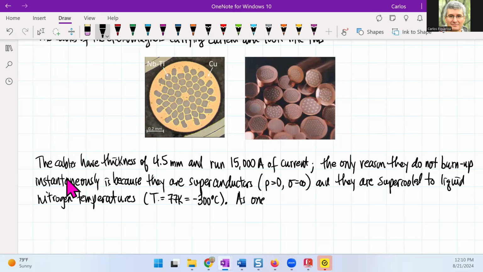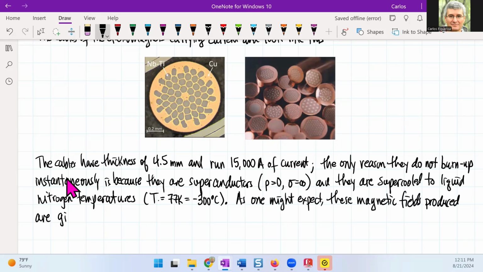As one might expect, these magnetic fields produced are gigantic.